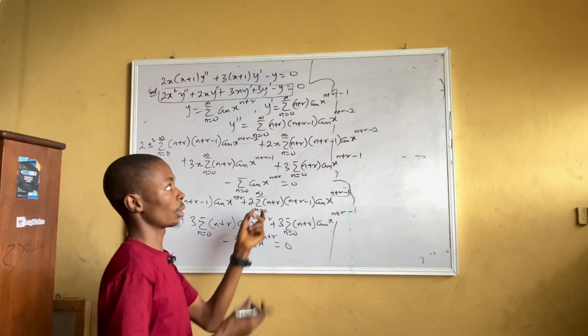Now divide both sides by this. a_(n+1) equals (n plus r) times (minus 2 into n plus r minus 1 minus 3) over (n plus r plus 1) times (2n plus 2r plus 3), all with a_n. Okay, so this is our recurrence relation.